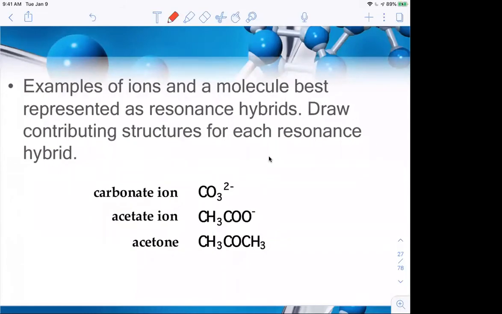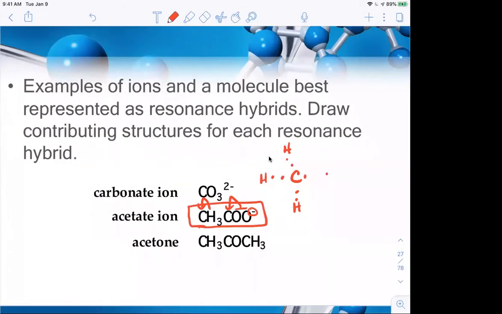Let's look at the acetate ion, right? So I have a negative charge there. So I'm going to have the hydrogen connected to the carbon, the oxygen connected to the carbon. So I have carbon with 4 valence electrons. I'm going to put those 3 hydrogens next to it.